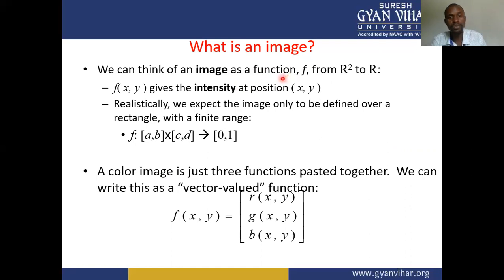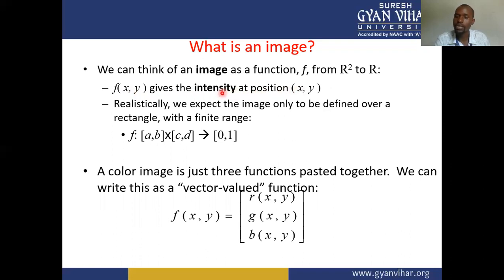In that case, f is a function from R squared to R, so you can also say f of (x, y), where x, y refers to the coordinates, the values on the vertical axis and the horizontal axis. This will give us the intensity at position (x, y).